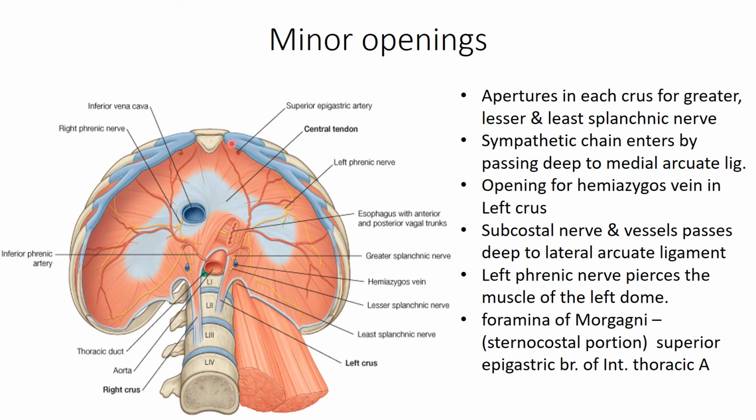Now near this xiphoid process and the costal part, between these muscle fibers there is an area which is filled by areolar tissue, and this is known as the foramina of Morgagni. It is situated between the sternocostal portion of the diaphragm anteriorly, and it is for the passage of the superior epigastric branch of the internal thoracic vessels.